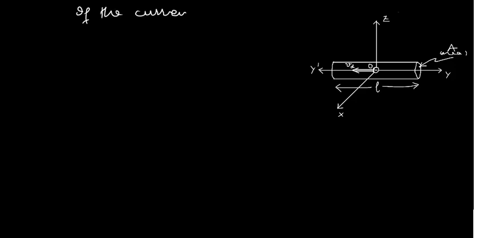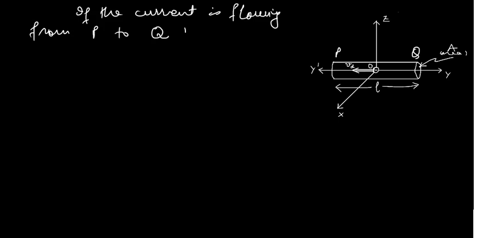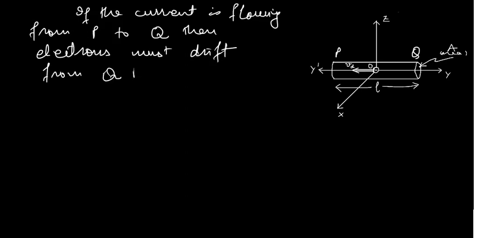Current is flowing from, let us say, P to Q. Then electrons must drift from Q to P as shown.